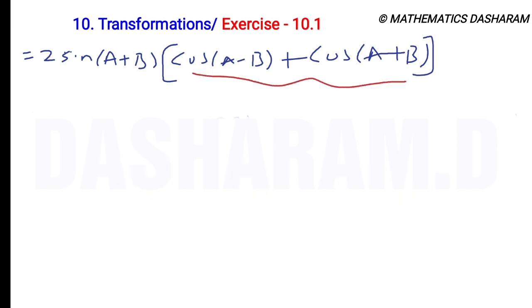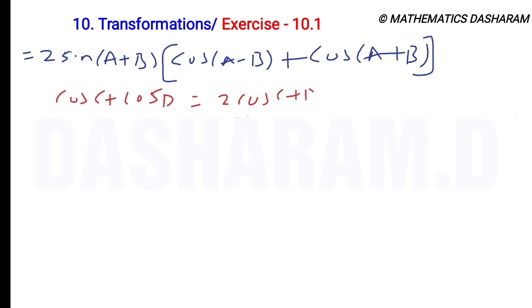For this we can apply one formula, that is cos C plus cos D. Cos C plus cos D equals 2 cos((C plus D) by 2) into cos((C minus D) by 2). So then it is equal to 2 sin(A plus B).